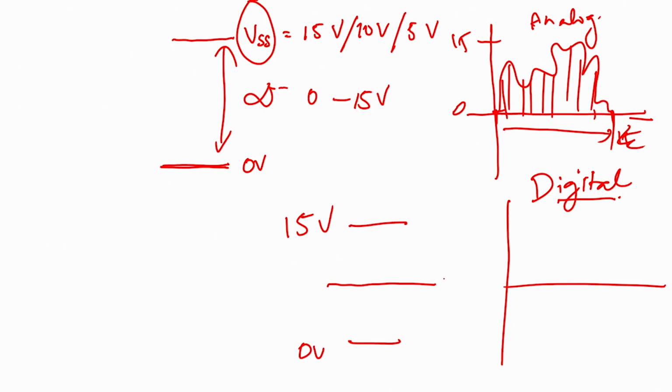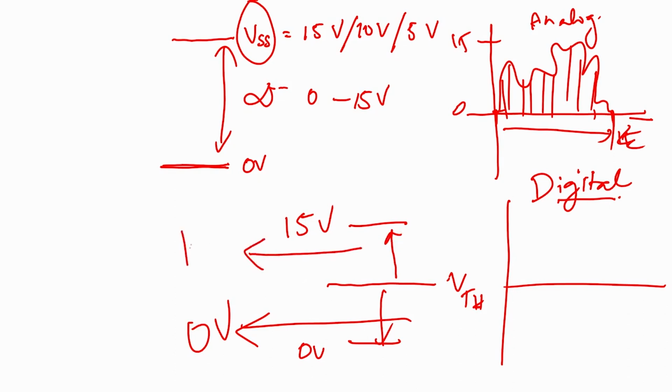So you keep a threshold voltage, let us say VTH, and you would say that if the signal input voltage is below this value, then I will consider all these values as 0 volt, and if the input voltage is above this value, we will consider it as 1 volt.